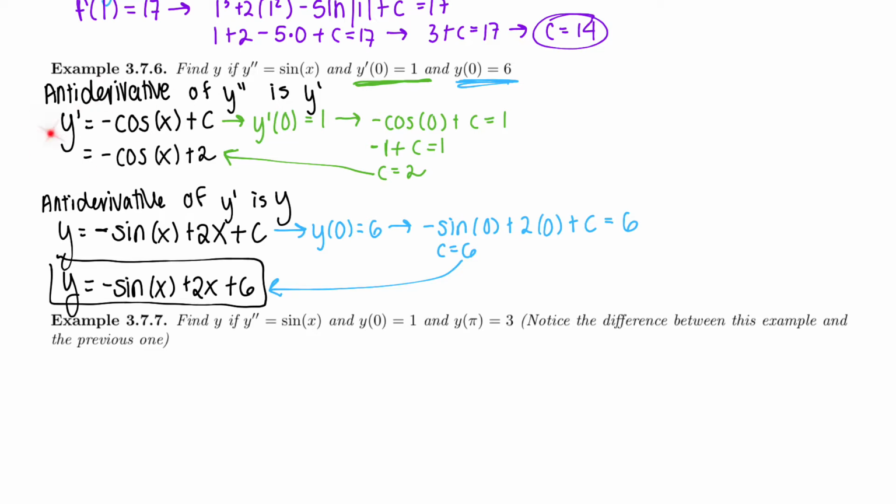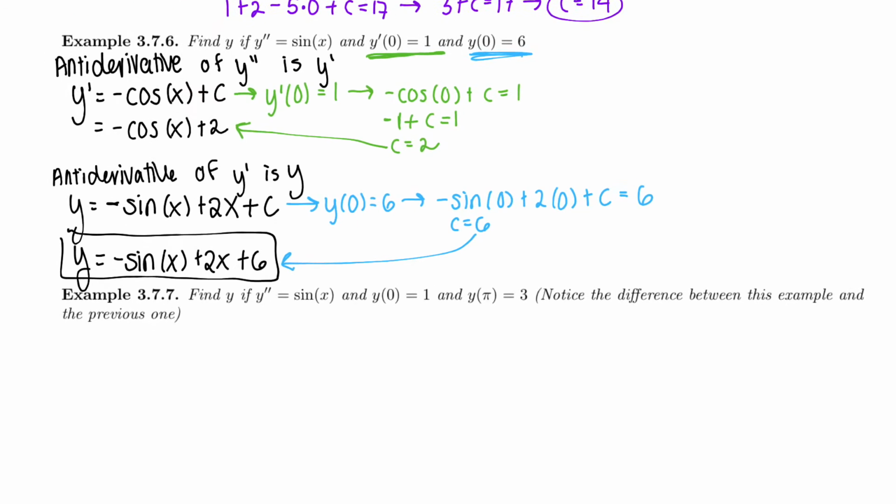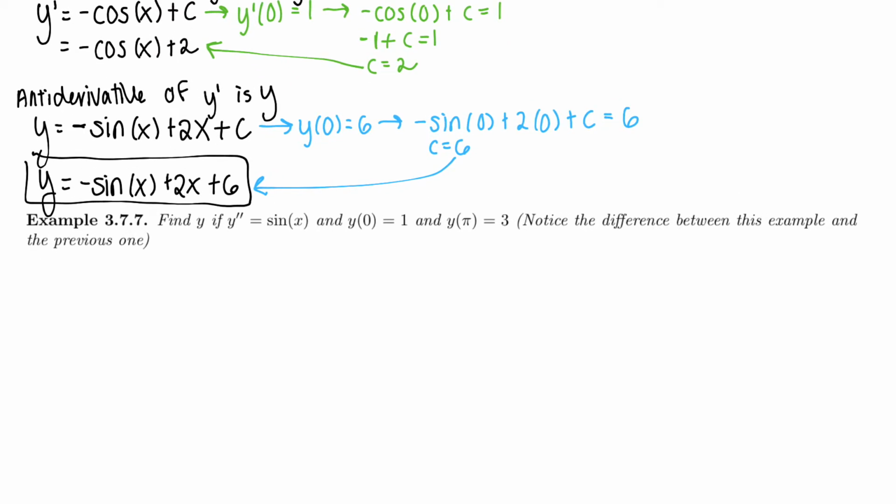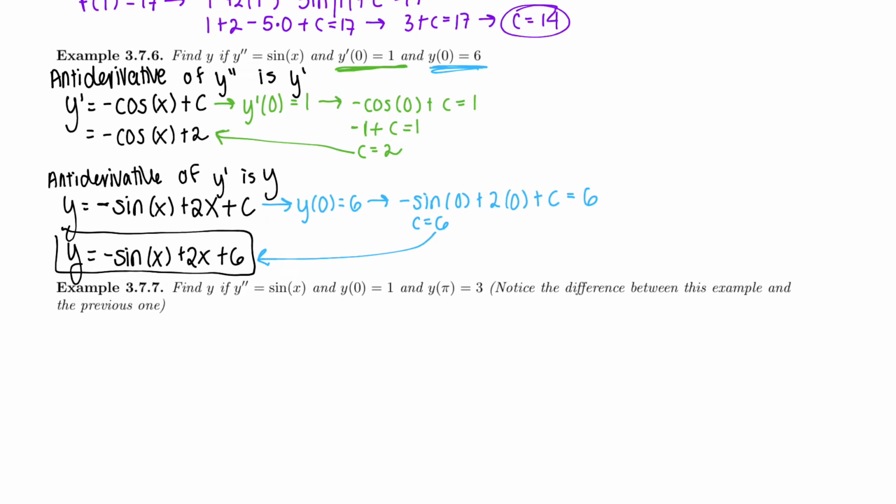So when we take the first antiderivative, we're not going to have enough information to solve for this constant. So let's see how that works out for us. So we're going to start with the antiderivative of y double prime, which is y prime. So we're going back a derivative. With sine, sine's antiderivative is negative cosine.